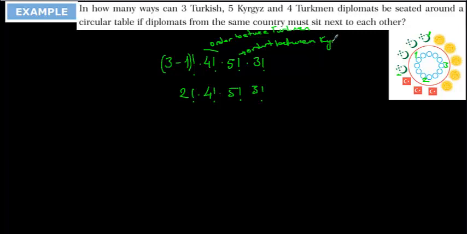It's going to be 3 factorial order between the Turkish group. Okay, so 2 factorial is the order between the circular table.